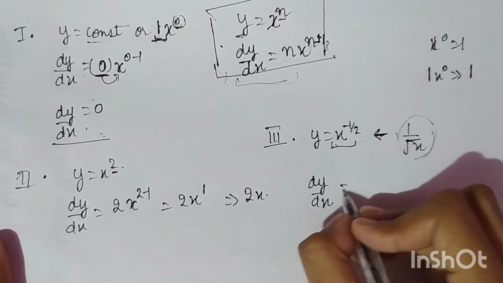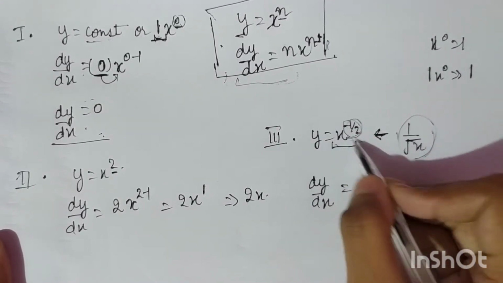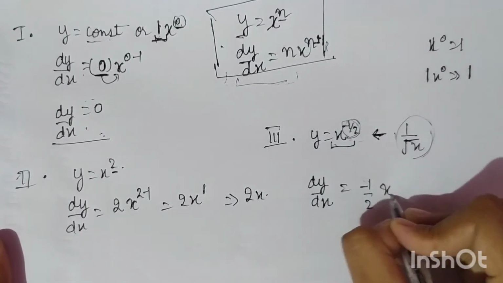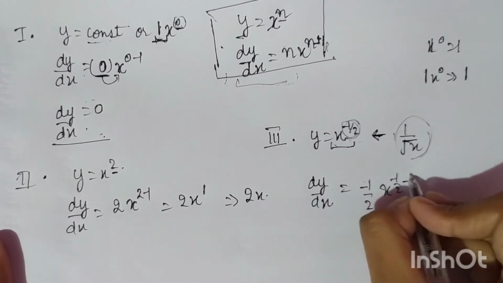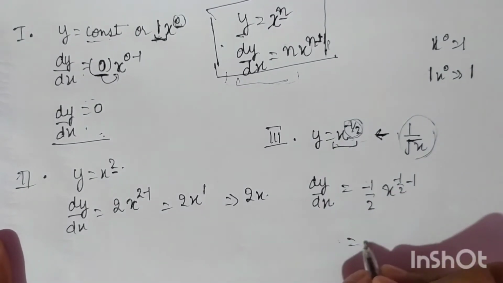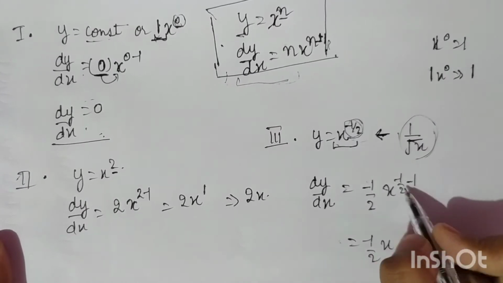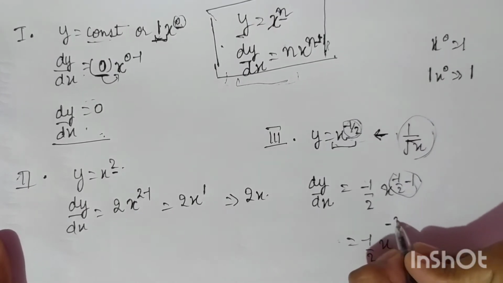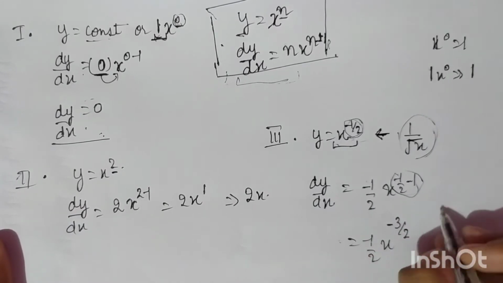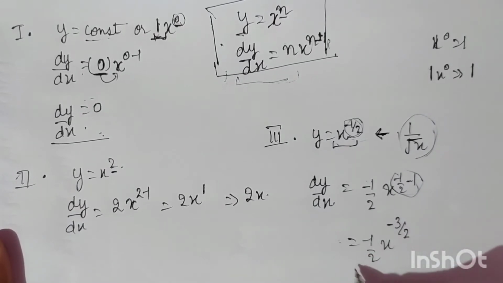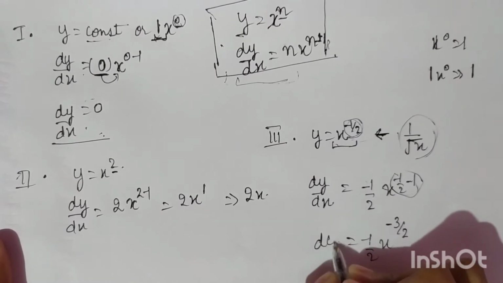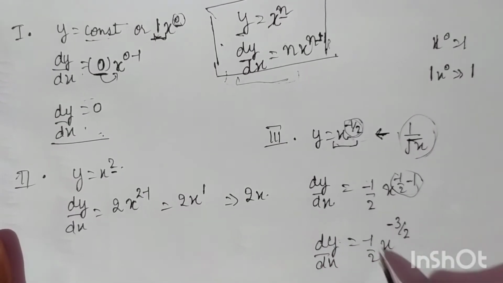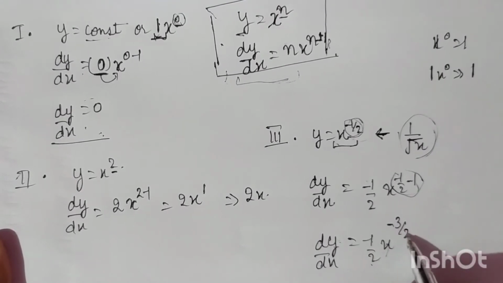First of all we put this value of n at the front, minus 1 by 2, and x to the power minus 1 by 2 minus 1. So what do we get? We get minus 1 by 2 x to the power, after solving this, minus 3 by 2. So after differentiating 1 upon under root x, we get minus 1 by 2 x to the power minus 3 by 2.